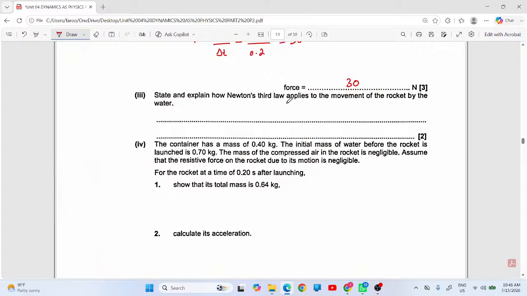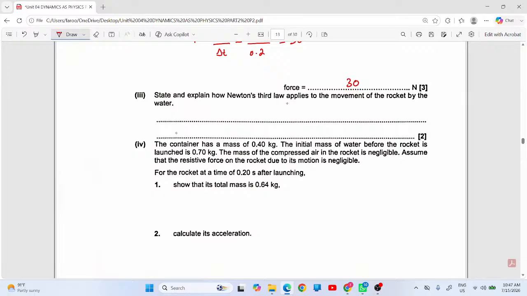What will we say? Which force have we found? The force exerted on this mass of water by the rocket. So this is the force exerted by the rocket.